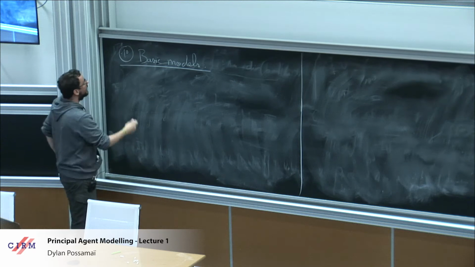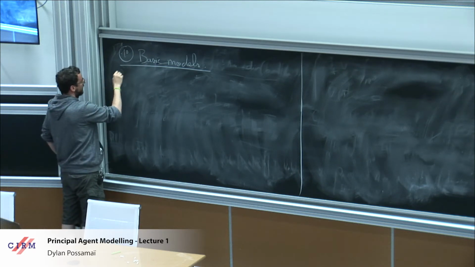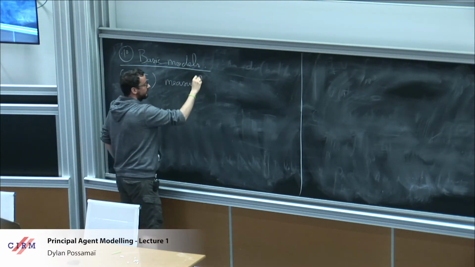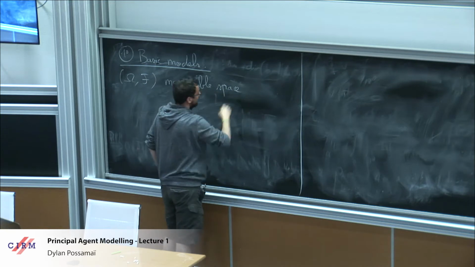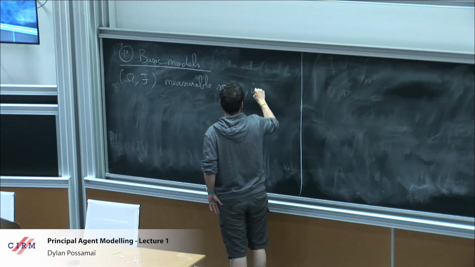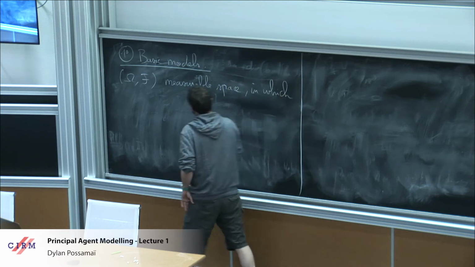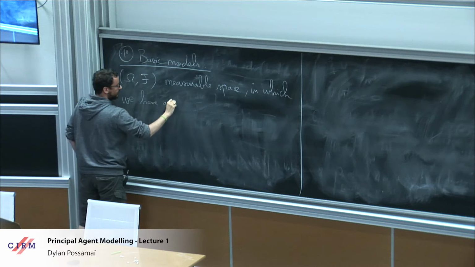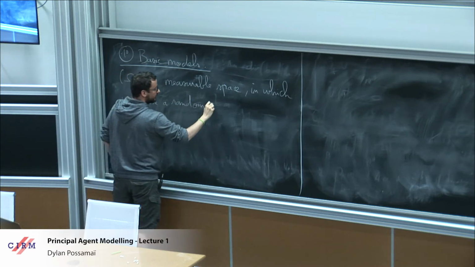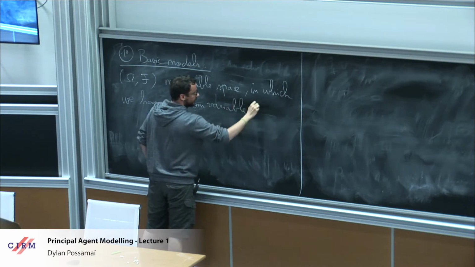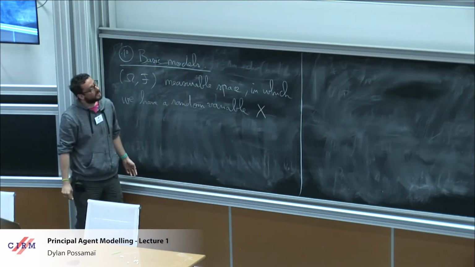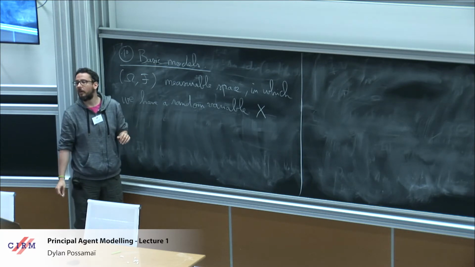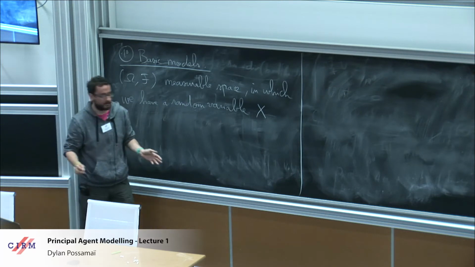So what I need here at this stage is we give ourselves some measurable space, in which we have some random variable that I'm going to call X. And this X is what we will call the output. That is the result of whatever task the agent is performing.